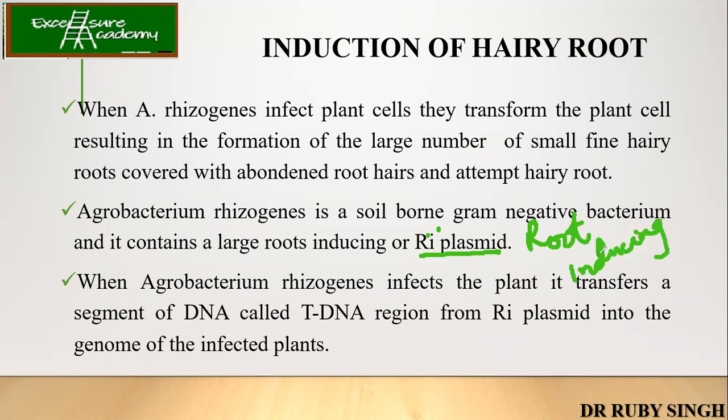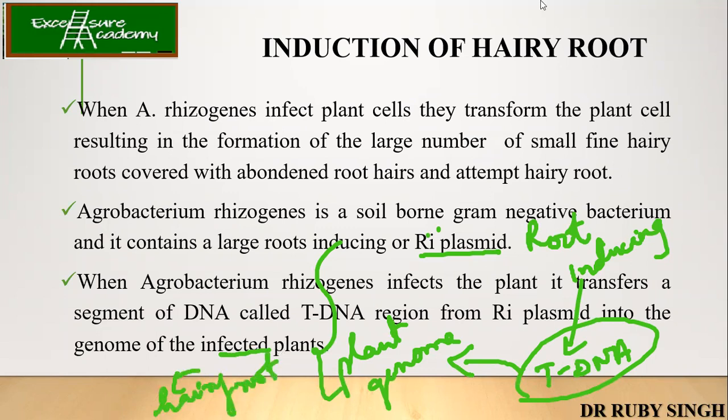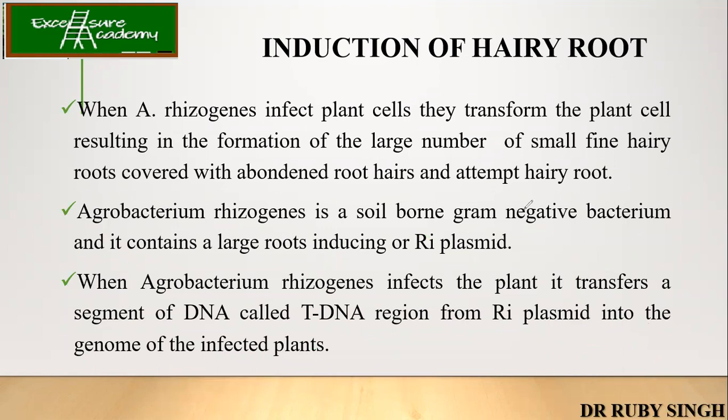Now, this root inducing plasmid has a T-DNA region. This T-DNA region is the part which goes into the plant genome. When this is successful, only then does the plant get infected, and what we see is the hairy root. Let me summarize what is happening till now.